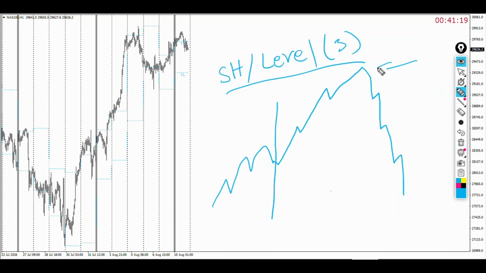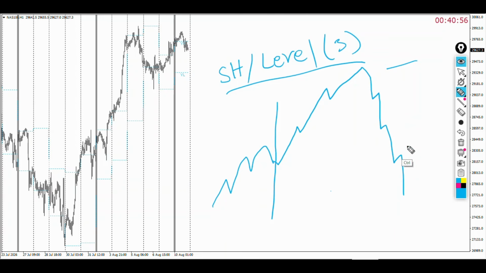You need to watch how the price is behaving in this area. It may consolidate, maybe a breakout to the upward, then a failed breakout of this low, something like that. Then you may expect a reversal opportunity.